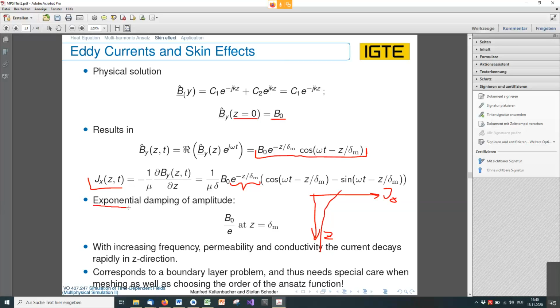It's an exponential decay of the amplitude, and at z being the penetration depth, we have this value of the current, and that's how the current decays in the z direction. And this corresponds, as I said before, to a boundary layer problem, and thus it needs special care during meshing.